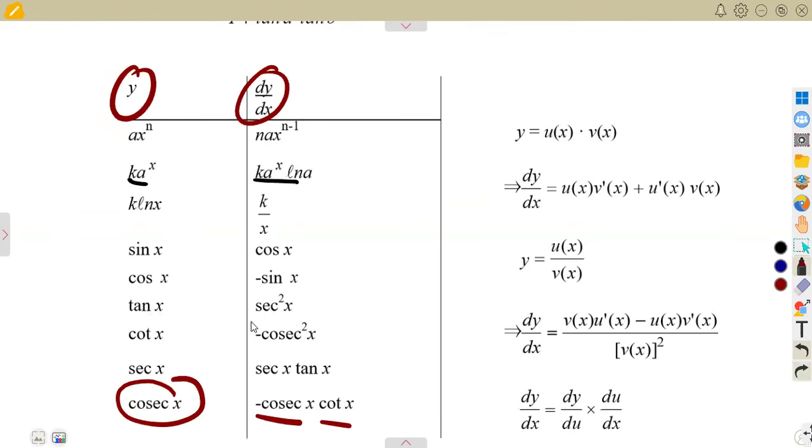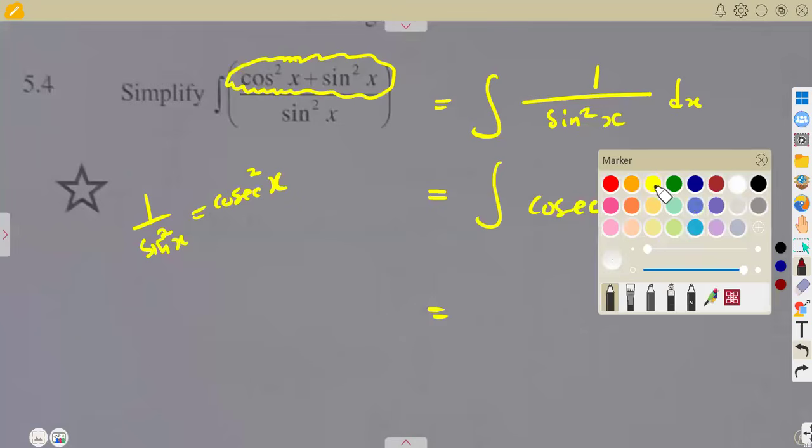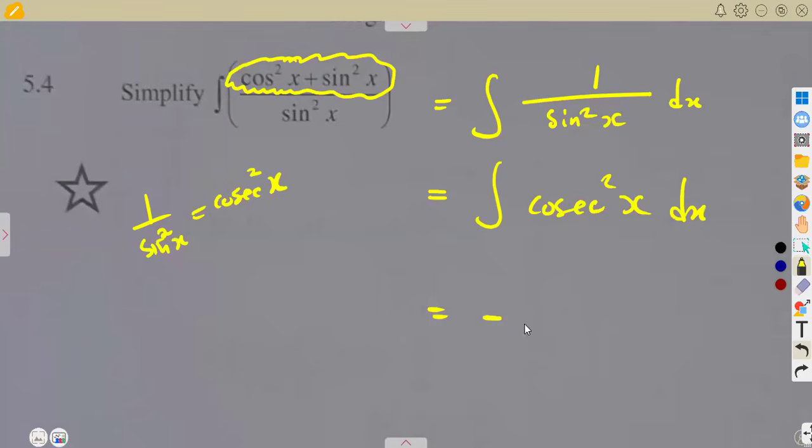So if I integrate this, I'm supposed to obtain what is on the other side. If I remove this minus on this side, I'm going to put a minus on the other side. So the integral of cosec squared is minus cot x. So on that part, we're simply going to obtain minus cot x plus the constant of integration. We're done.